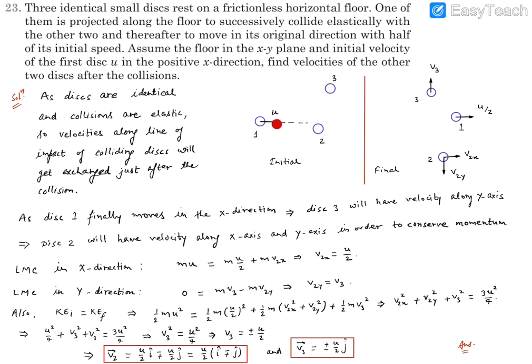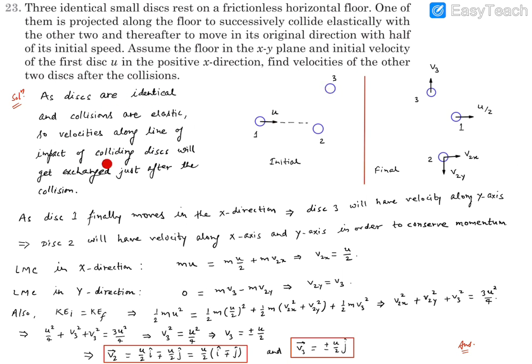After it collides obliquely with 2, 1 will get a velocity in some direction so that it further collides with 3. And again, the first is going to collide with the third in oblique fashion, simply because after this collision it has a velocity along its original direction. So the collision of 1 and 2 is oblique, and the collision of 1 and 3 is also oblique.